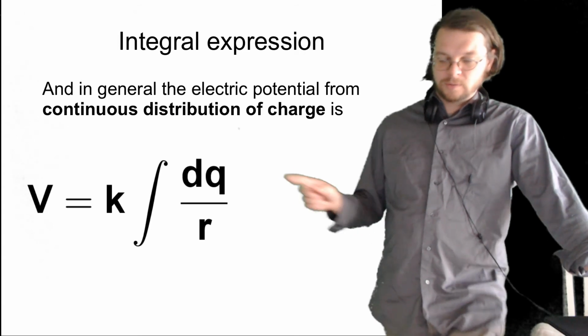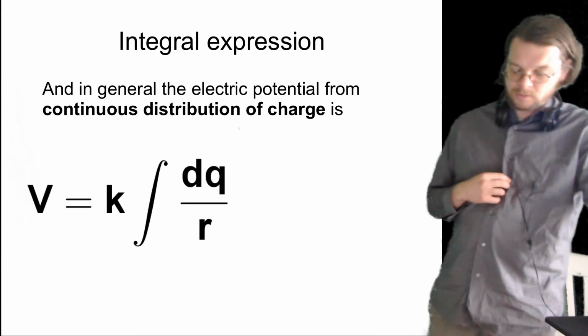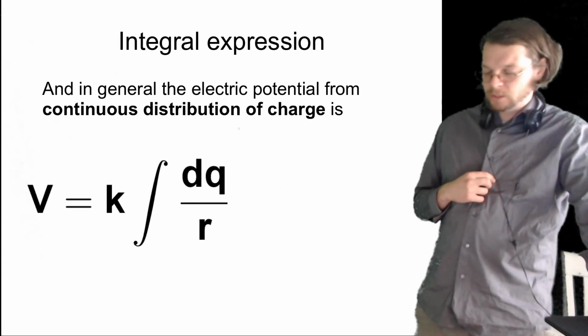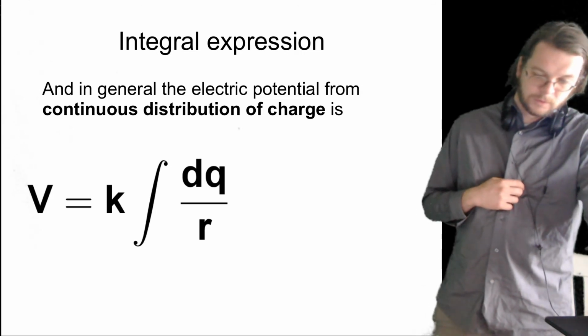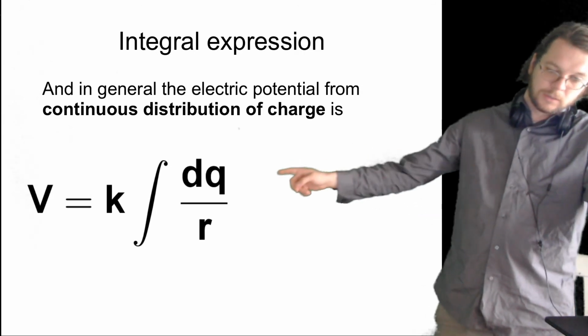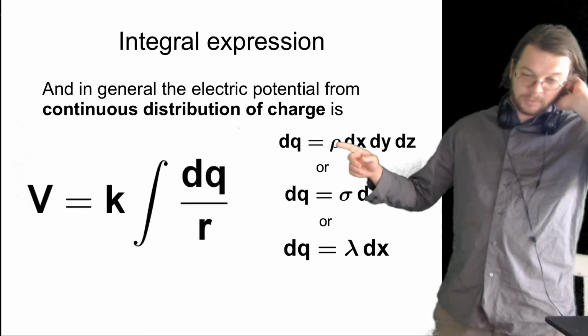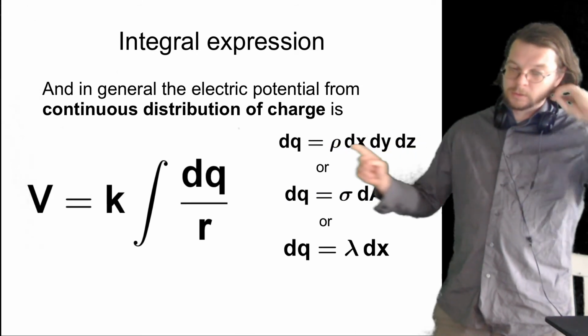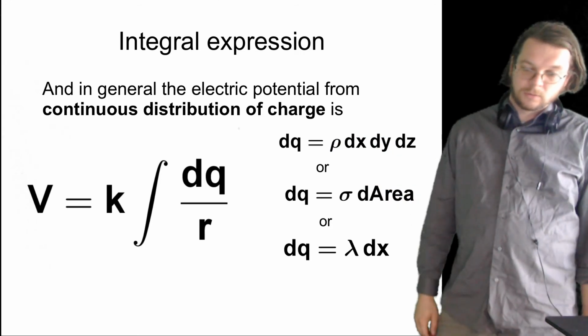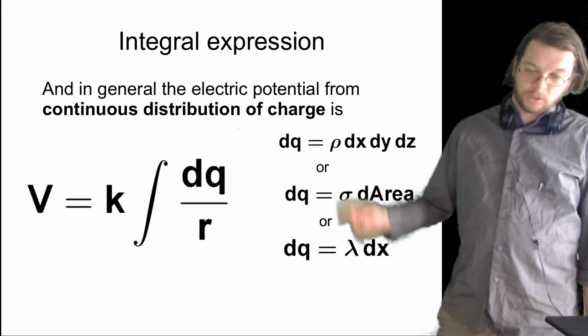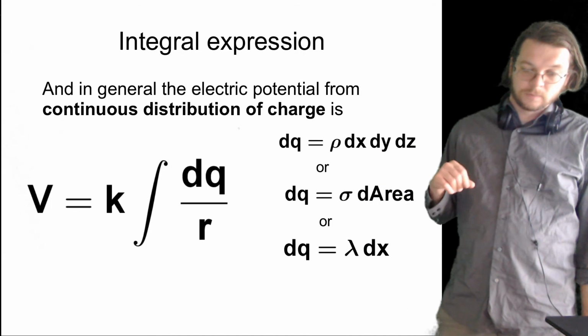So my advice here is that if you ever see this, for example when we talk about it in the book, immediately change it to something less scary. For example, you can change it to the charge per unit volume times integrating over these three different directions, x, y, and z. So charge per unit volume times essentially a volume.